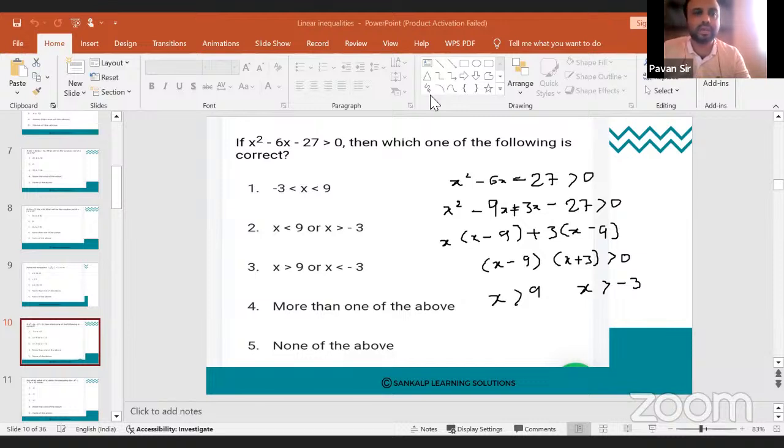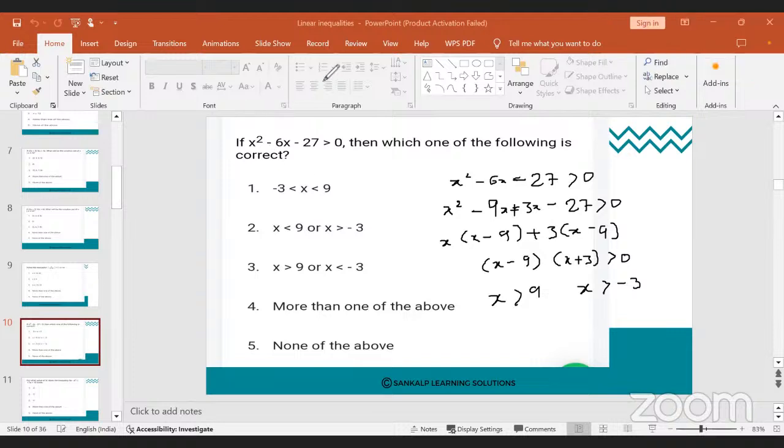Please try to give the proper answer. Pratibha has given option B as the answer. So you can consider here, it is mentioning greater than 0.